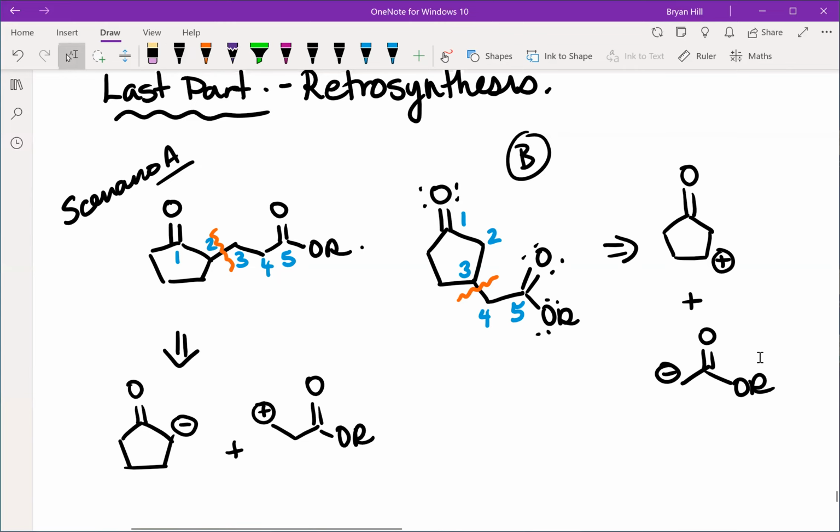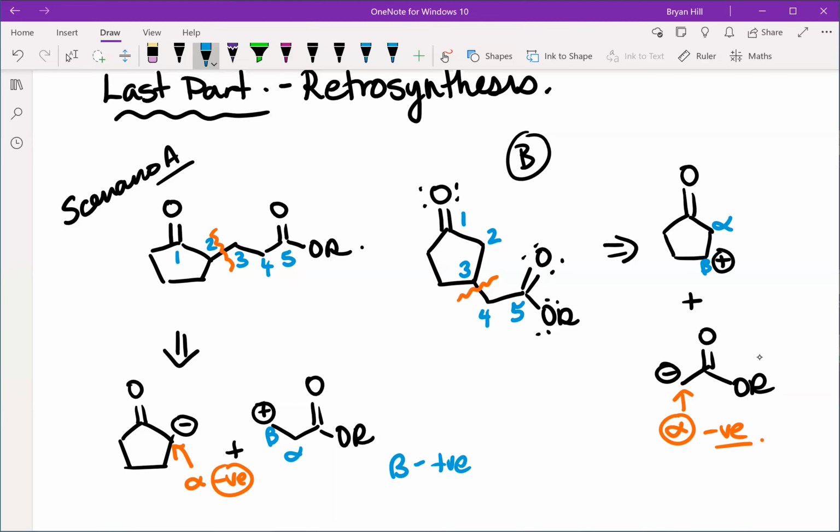So the commonality is that we have an alpha carbon with a negative charge, alpha carbon, negative charge, and a beta carbon with a positive charge.